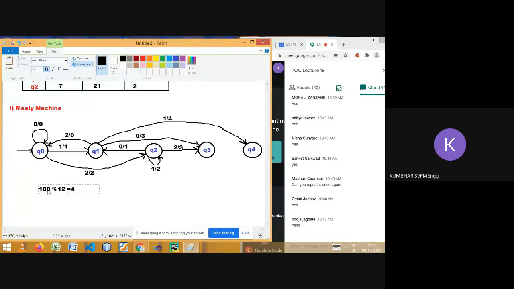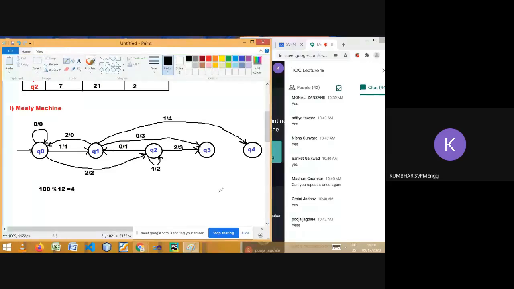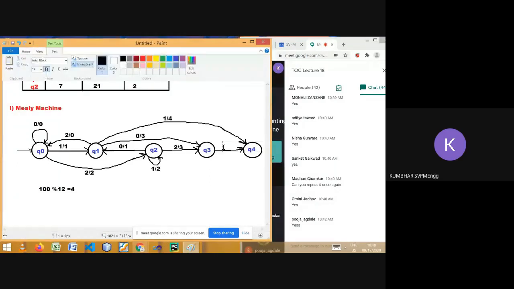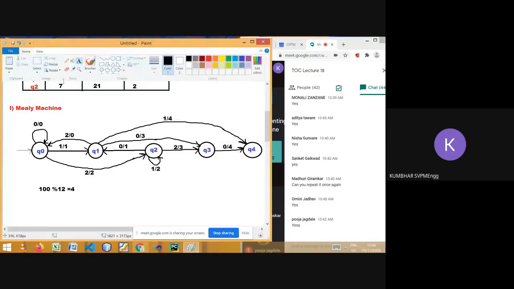Is it correct? Yes, sir. So from Q3 after reading 0, we should go to the state having remainder 4, and that is Q4. So we will go here. Input will be 0 and output will be 4. Perfect.